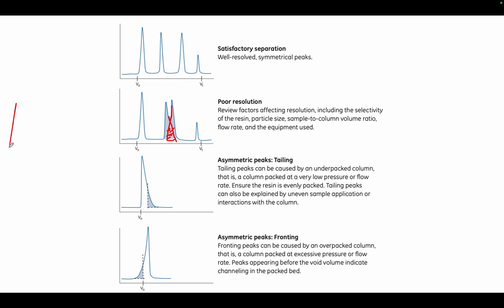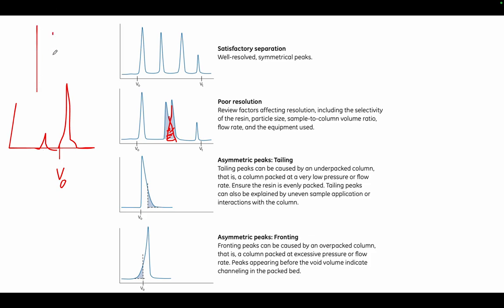Another issue you can get is that this is my void volume, and ideally I should get peaks starting from here, right? But instead I'm getting some peak like this before the void volume. So this is also an issue with column packing.